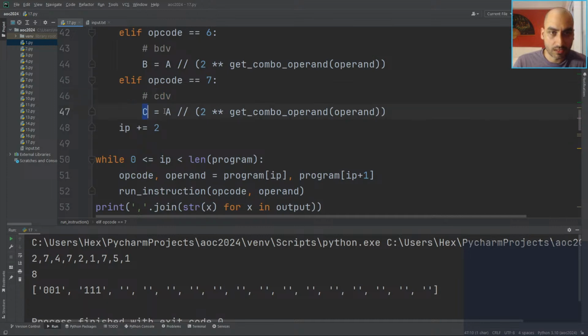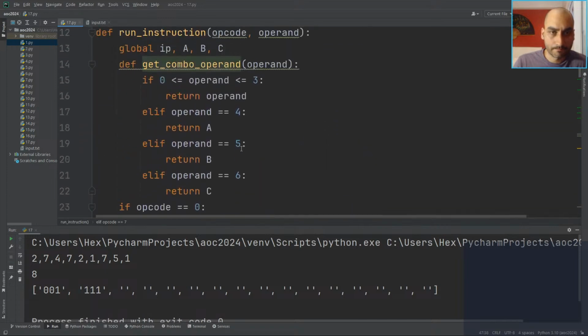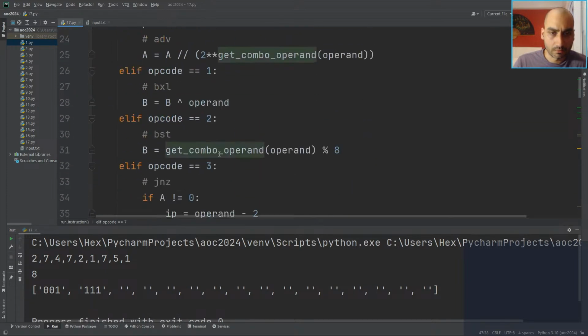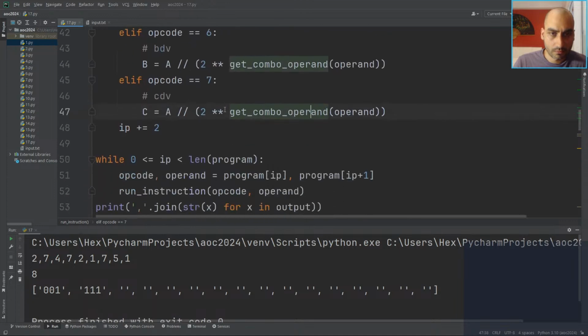CDV. So C is A divided by 2 to the power of... So we've got 5. B. A divided by 2 to the power of B. Okay.